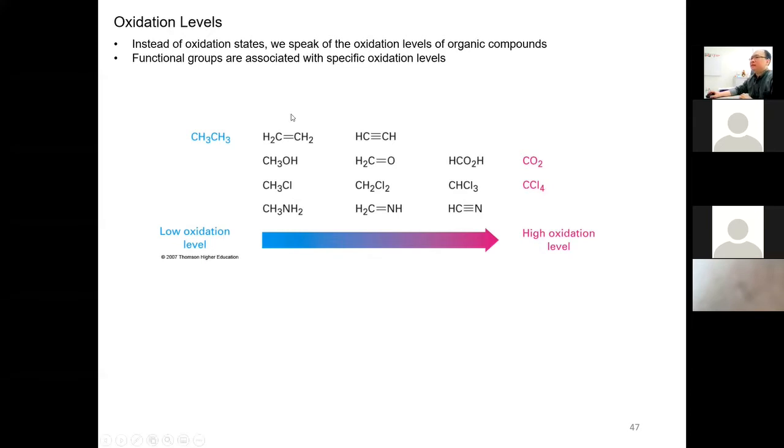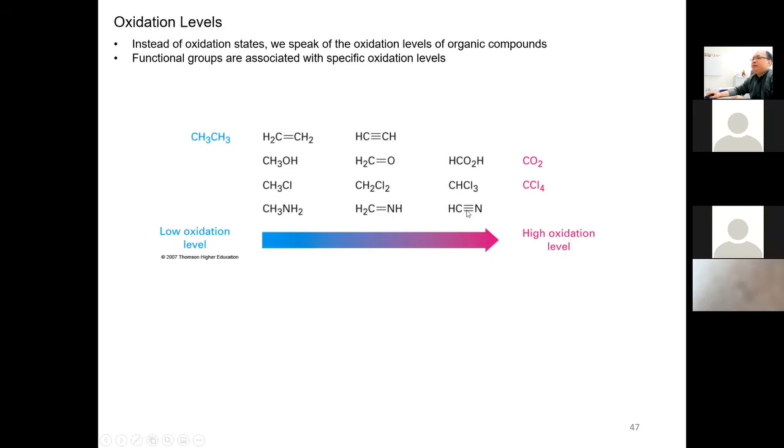Let's say carbon dioxide is probably the highest. The carbon is in the highest oxidation state because it's linked to 4 CO bonds, a CO double bond and a CO double bond, and it's clearly higher in oxidation level than a carbon linked to a carbon with 3 H.